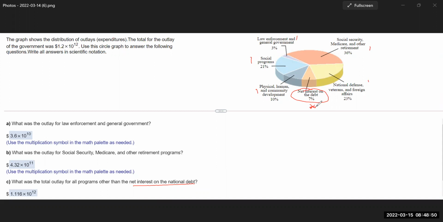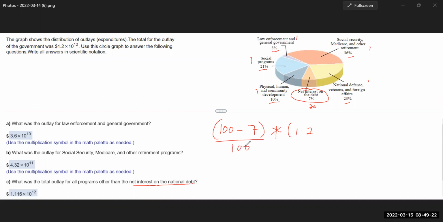Basically, you notice that for the pie chart, all the percentages add up to 100. Somebody can decide to add all these percentages together except 7%, but that will take you some time. It is easier to just do 100%, because the whole area under this is 100%, minus 7, and then you multiply that by your 1.2, and this is a percent.